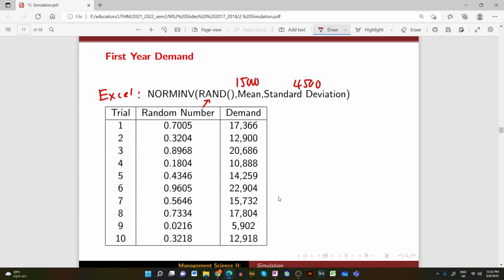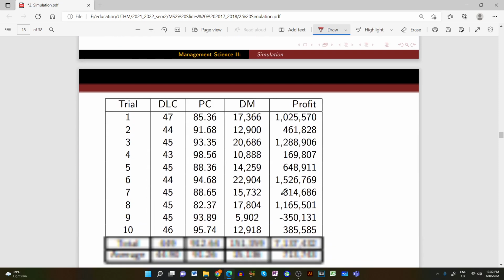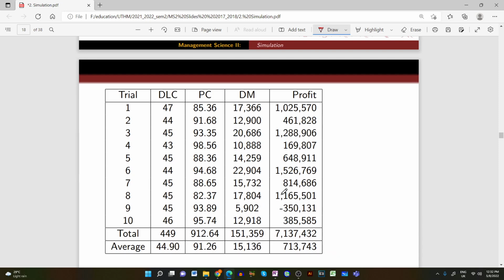So basically we do have all the inputs now for 10 trials: the direct labor cost, part cost, and demand. For each trial we compute the profit. Just now we only had 3 profits. We compute and we come out with the average now.